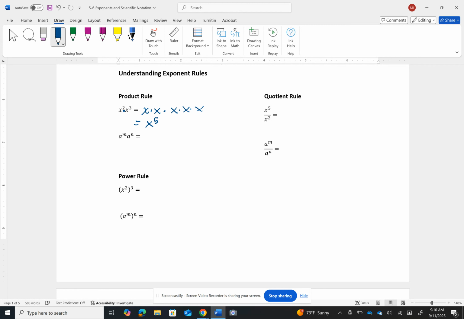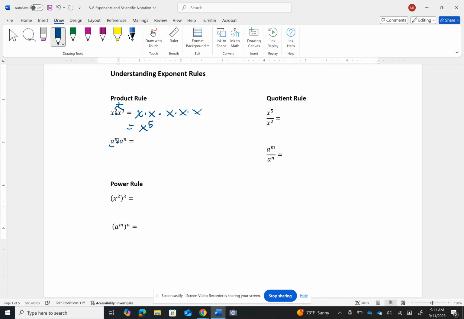All right, now that can be done to remind us or to show us what the shortcut rule would be that you could use. So notice I could have gotten the 5 by just adding the exponents. That's going to be okay to do. That's going to work all the time when you have two expressions that have the same base, like these both have an a.